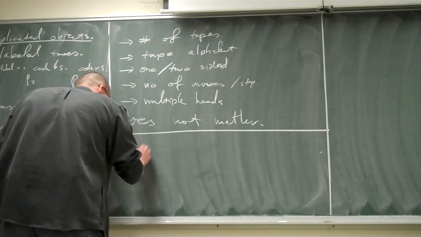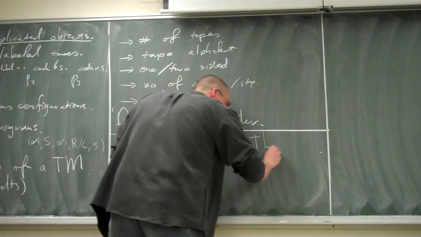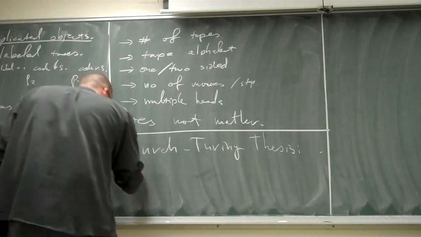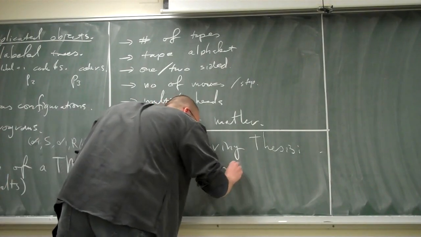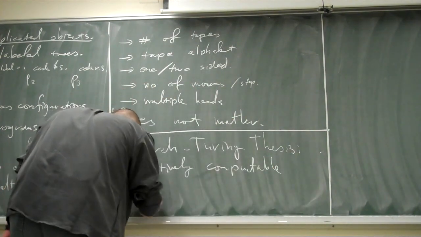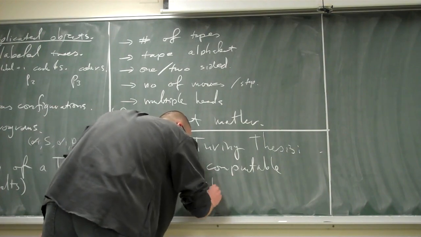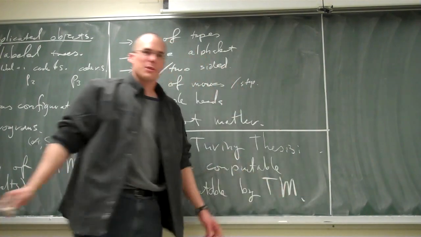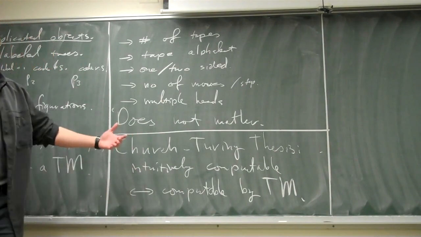But so the Church-Turing thesis says anything which is intuitively computable is computable by a Turing machine.